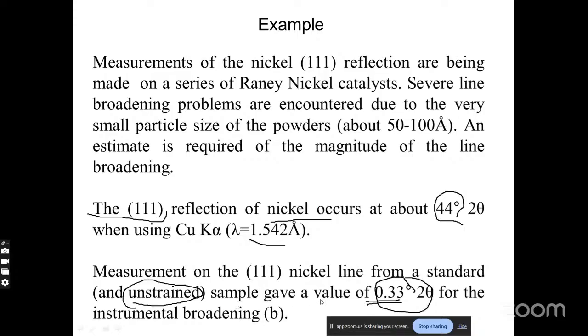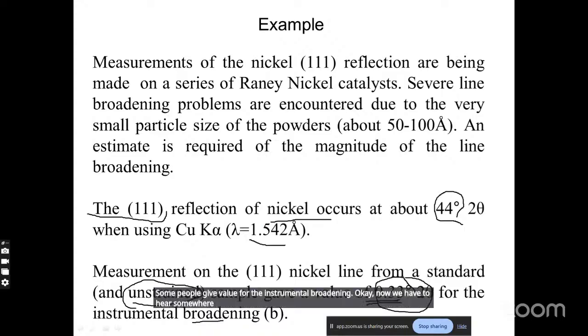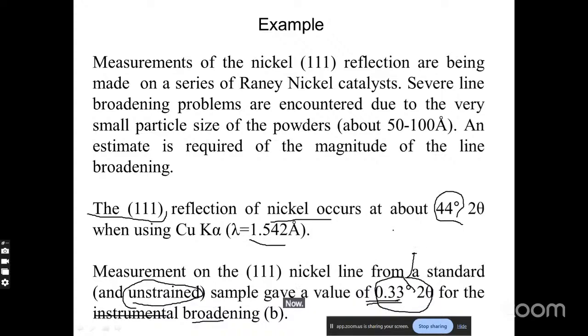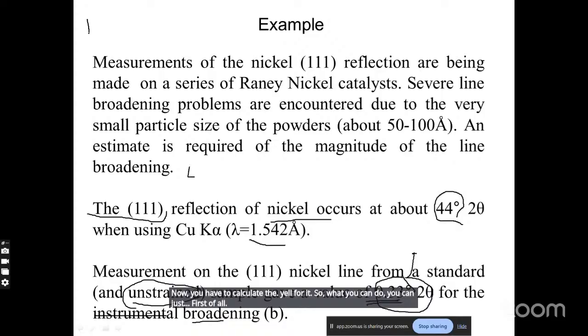Here the instrumental broadening is 0.014. What we have is the broadening because of this particular nickel particle size, and now you have to calculate L for it. First of all, calculate beta.